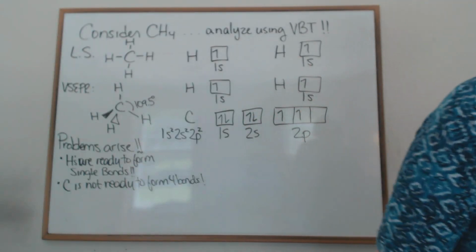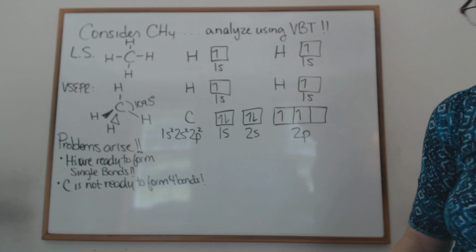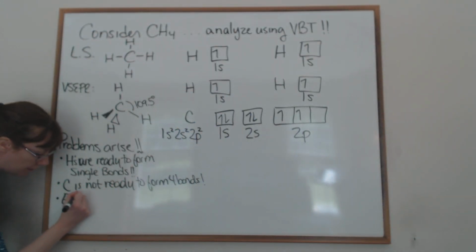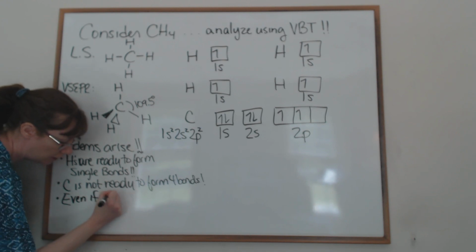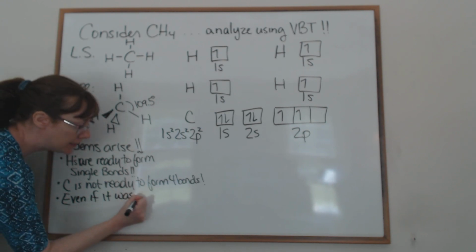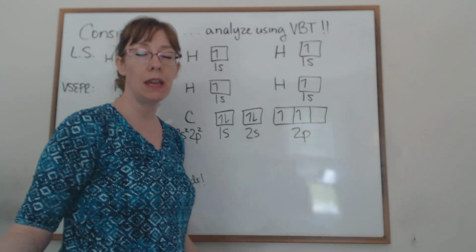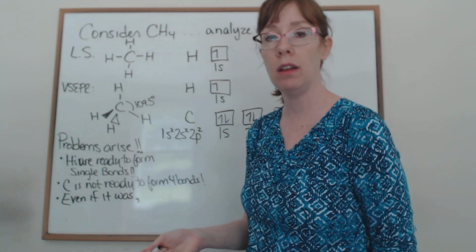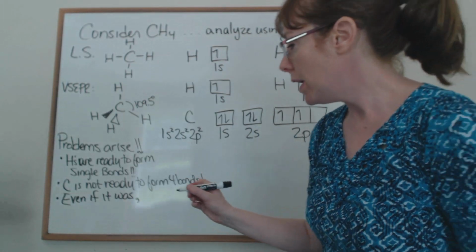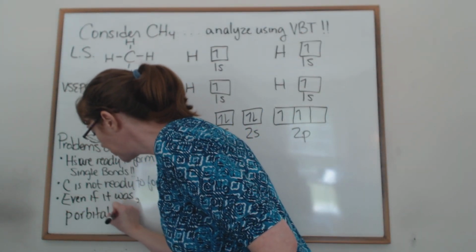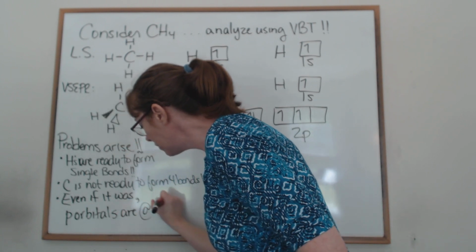That's not the only problem, though. There's a second problem, and that is, even if it was ready, even if we did have, for instance, 4 p orbitals, I mean, that can't exist, but even if it could, p orbitals are at 90 degrees to each other.